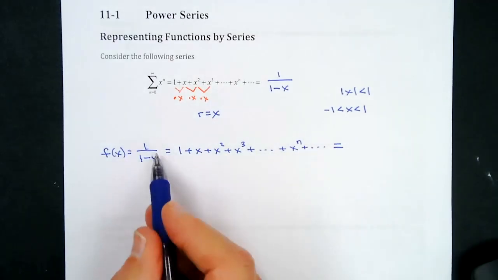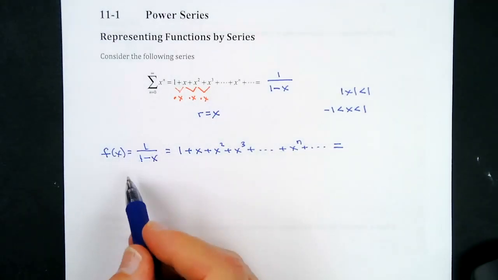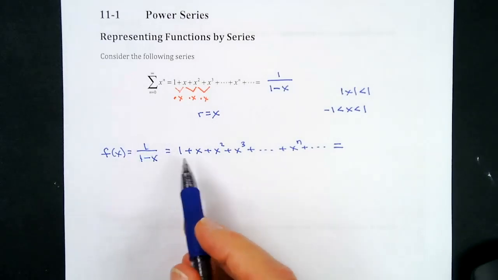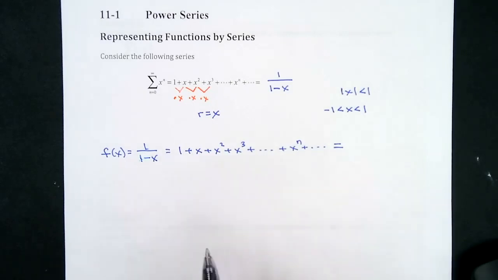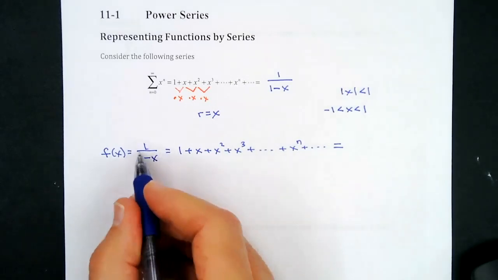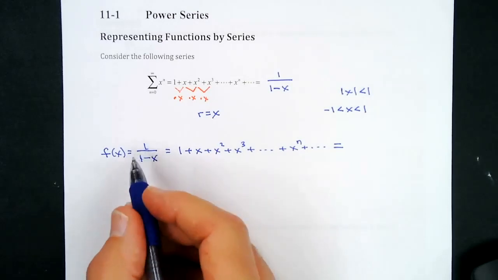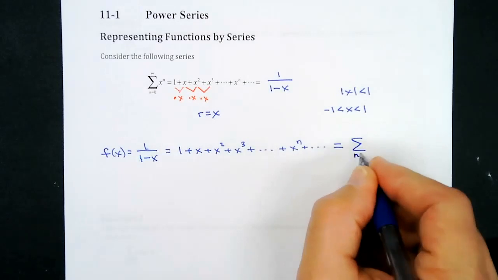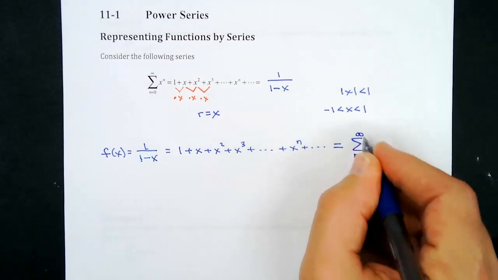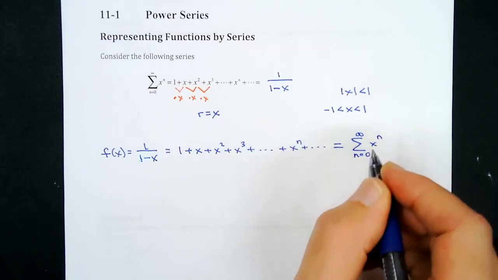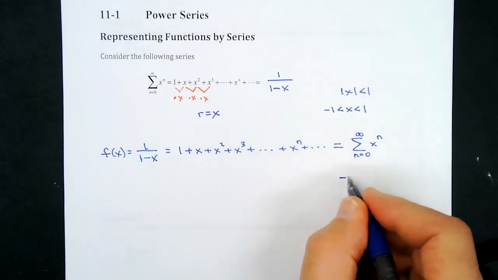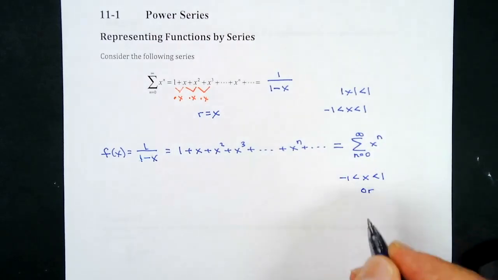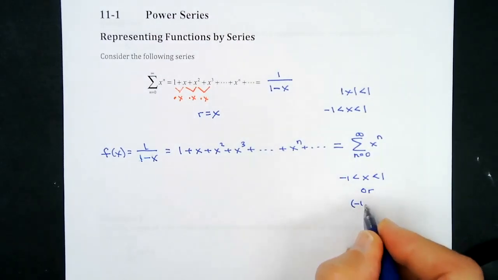We recognize this as being very similar to the formula for the sum of a geometric series, and that's what allows us to realize it's just a geometric series, with our r being x and our first term being 1. So this is equal to the sum from n equals 0 to infinity of x to the n power, with -1 less than x less than 1, or -1 to 1.